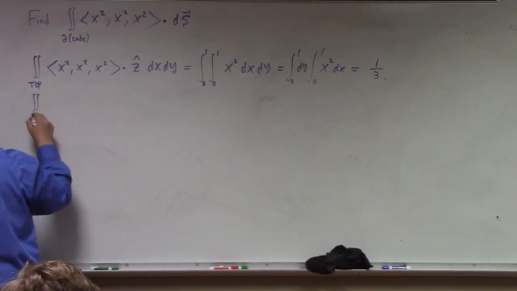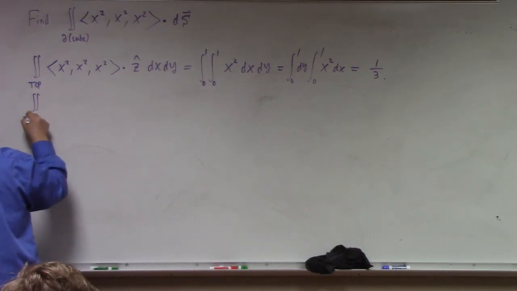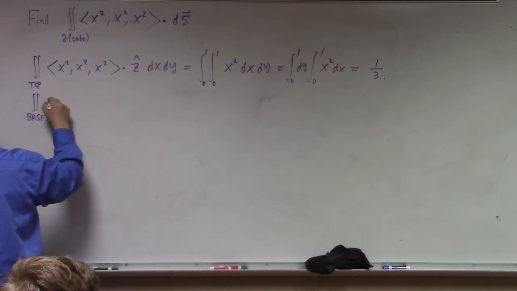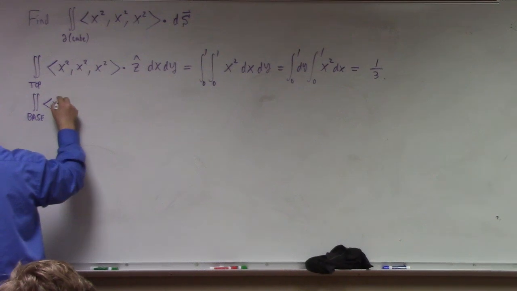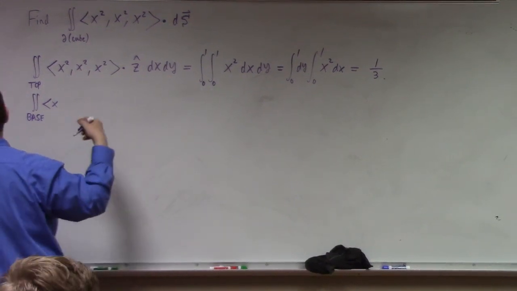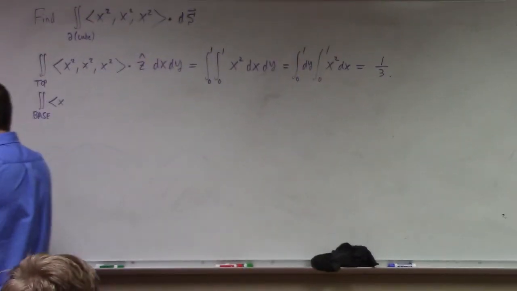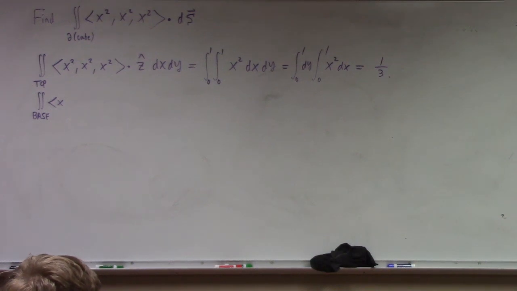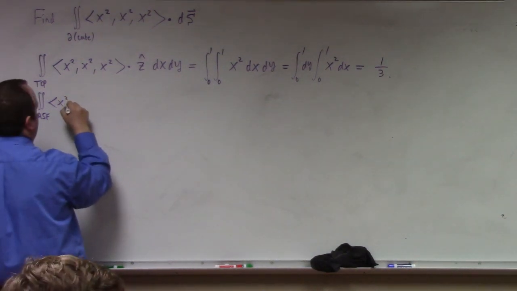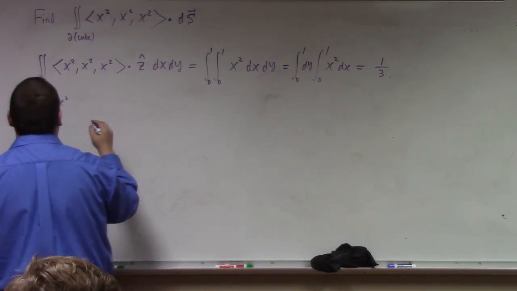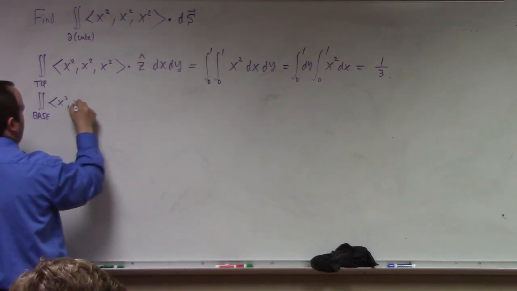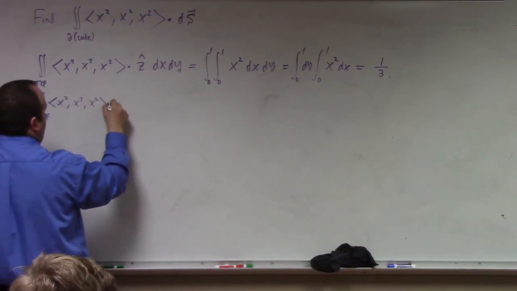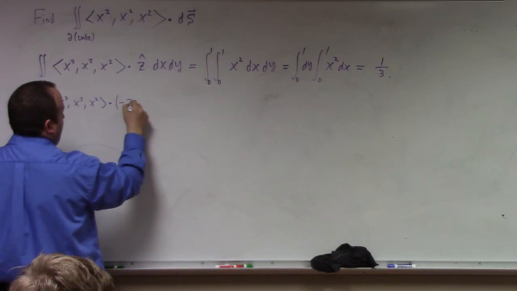Next, integral through the base. What do we get? I'm going to go ahead and do the evaluation at the base. On the base we have what? Oh, it's still x squared, right? In fact, this calculation is just marginally different. We don't have z hat, we have minus z hat.